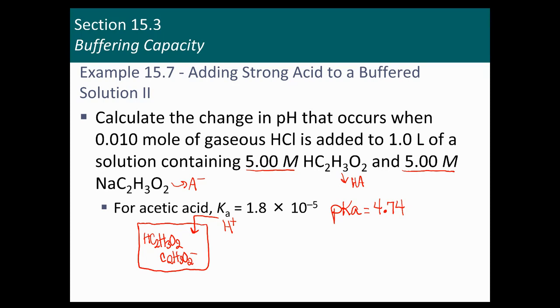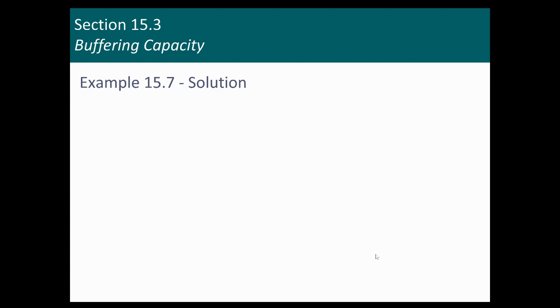Acids don't react with acids, so it has to be the base. So the base is going to react with H plus to neutralize it. So the amount of acetate is going to go down in the buffer and the amount of acetic acid is going to go up. So now the question is going to be, by how much? Okay, so that's what we're going to explore with the next calculations.